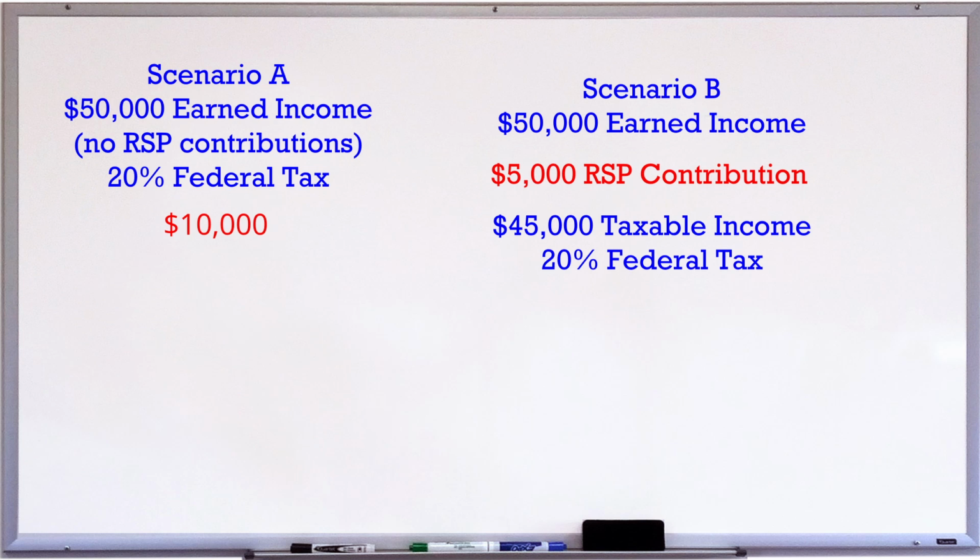So this means that your taxable income comes down to $45,000, and 20% of $45,000 is $9,000. So by investing $5,000 to your future, you have saved $1,000 in taxes. Now, the retirement savings plan is supposed to be a long-term account.